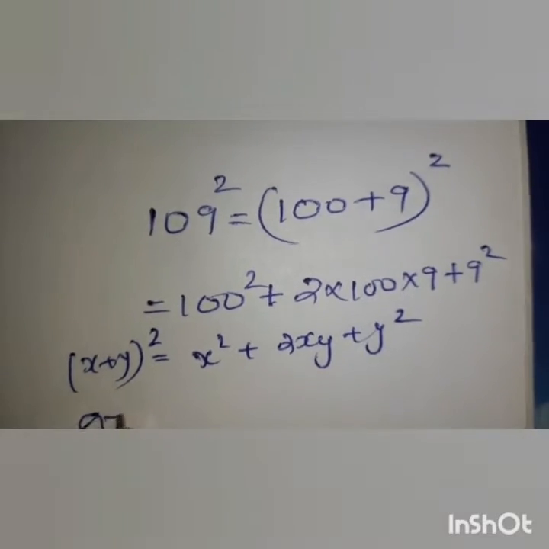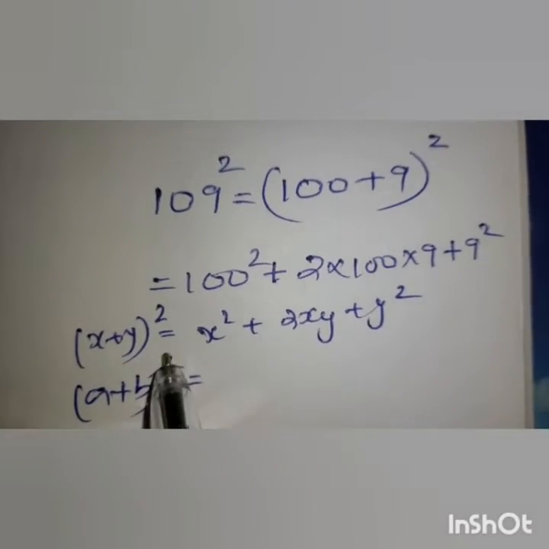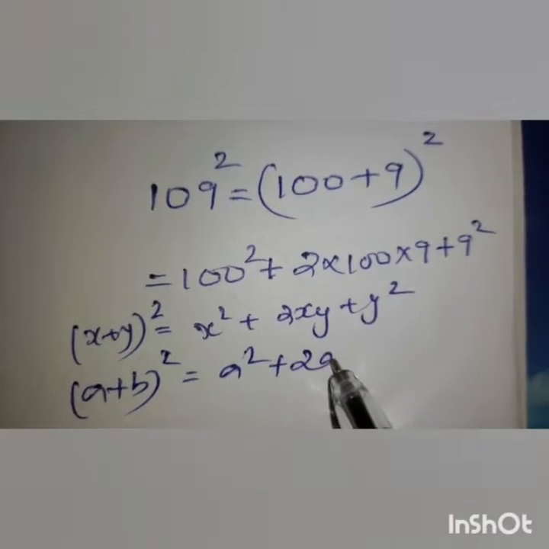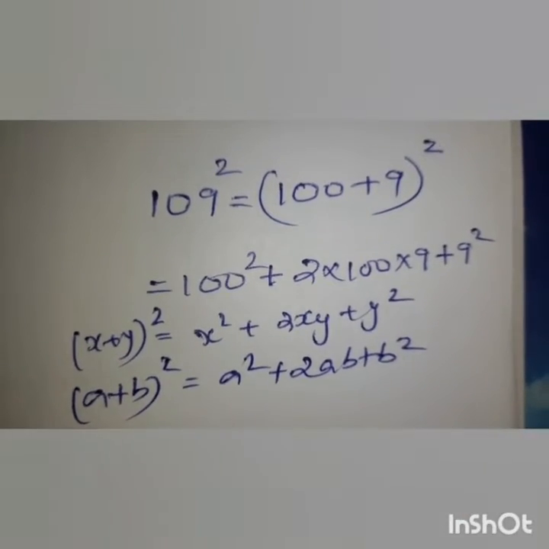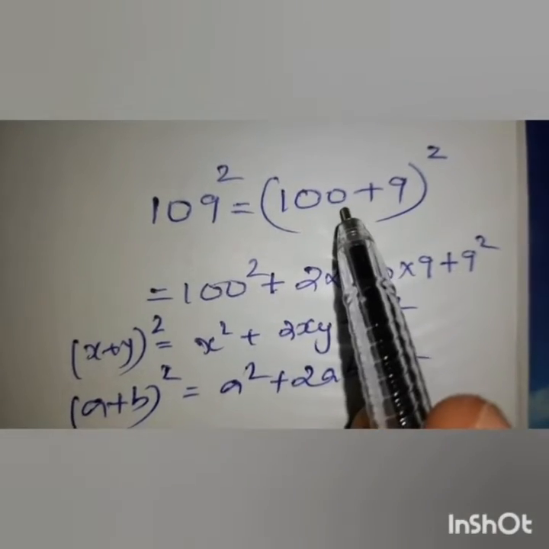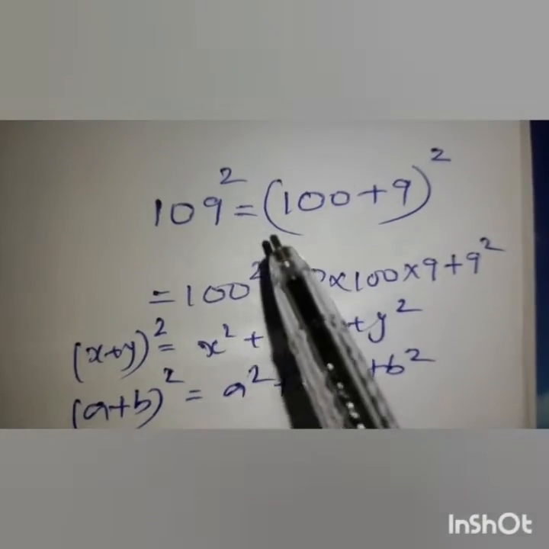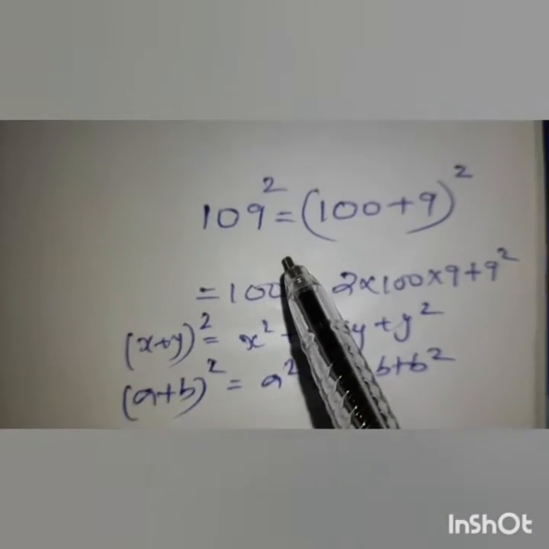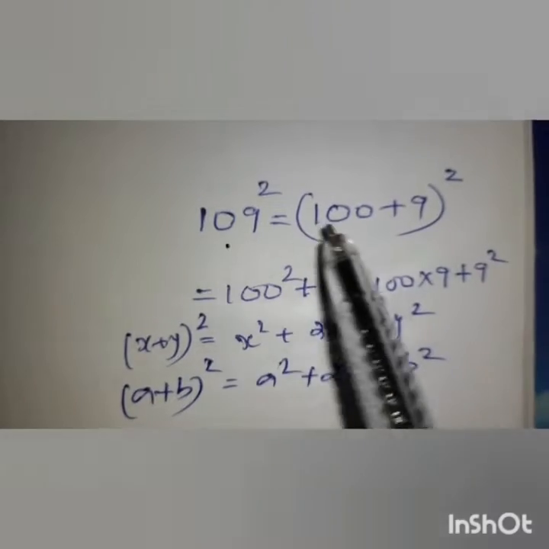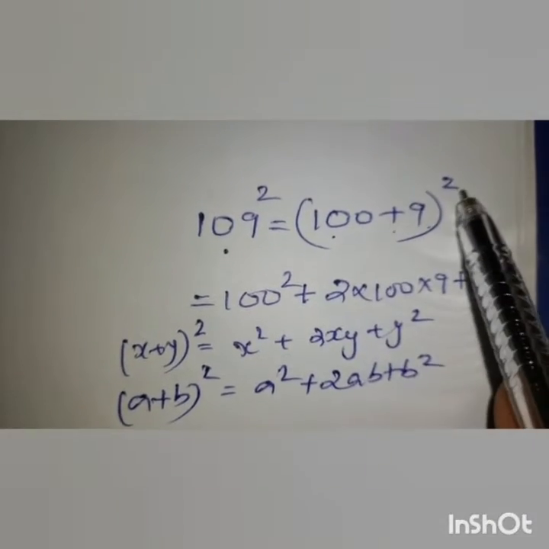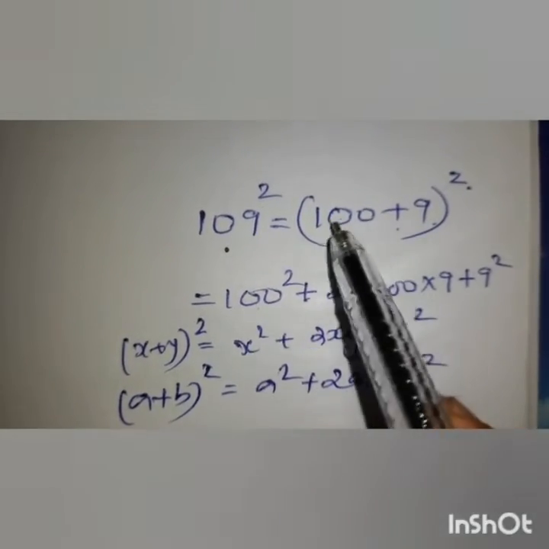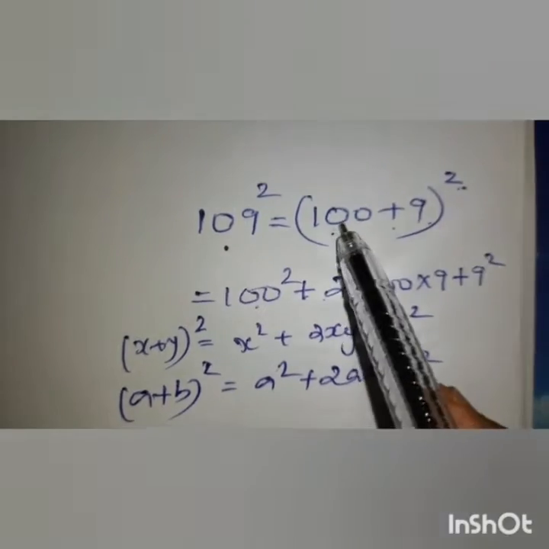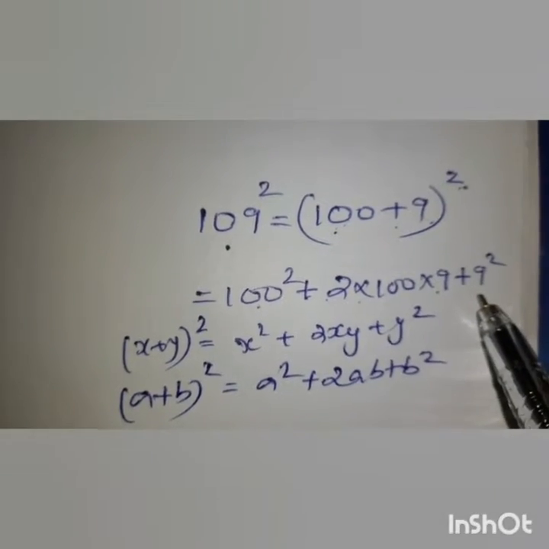Or a plus b whole square is equal to a square plus 2ab plus b square. So use that equation and solve it. No need to multiply 109 into 109 directly. 109 square you can find out by 100 plus 9 square. So it is 100 square plus 2 into 100 into 9 plus 9 square.